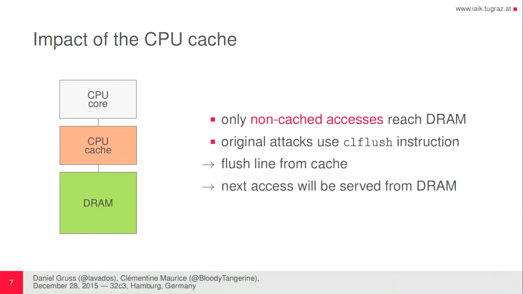Now, the thing is, we can't just access data in DRAM like that, because between the CPU core and the DRAM, you have the CPU cache. If you just access data over and over again, it will reach not the DRAM, but the cache, and you won't have this bit flip. So you need non-cached accesses to reach the DRAM, and all the original attacks use the CLFLUSH instruction.